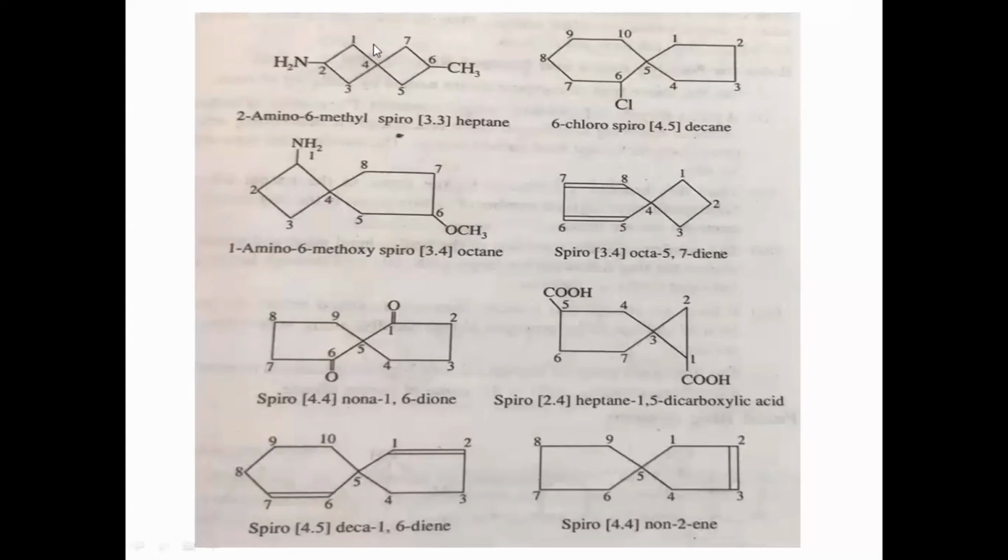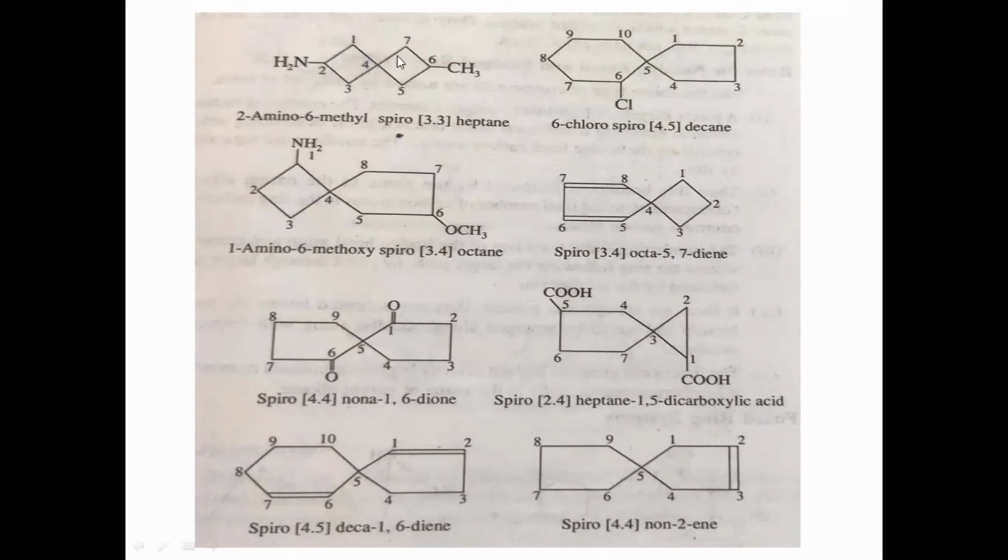Now both the rings have the same number of carbon atoms. So the substituents are present, and we will start from the carbon which is next to the Spiro. If we start the numbering from here, 1, 2, 3, and here 1, 2, 3, it means these rings contain 3 carbon atoms.